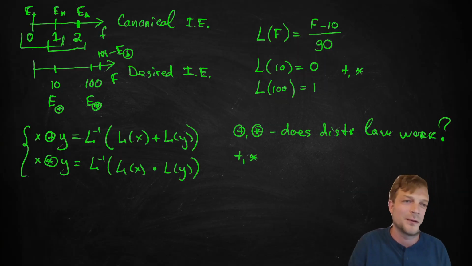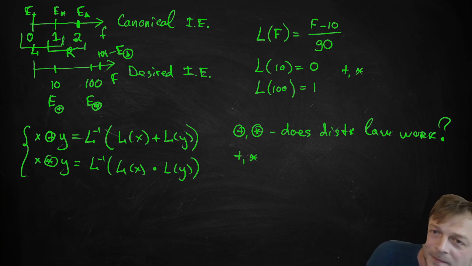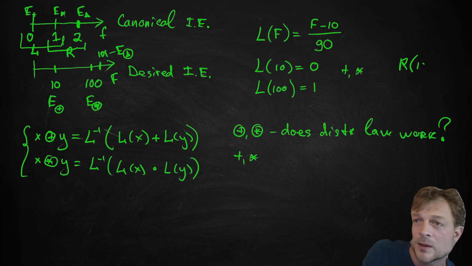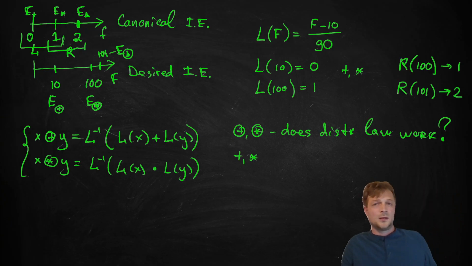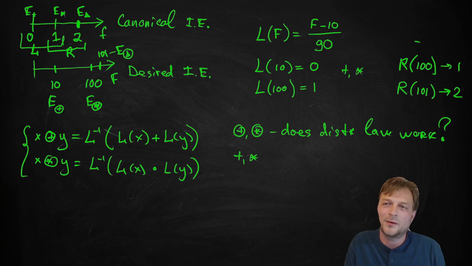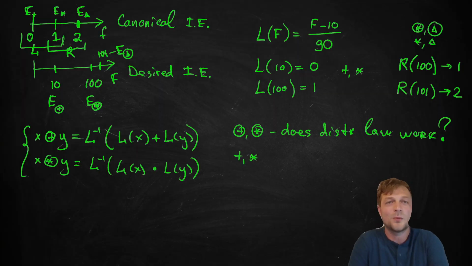For the first one it was L, for this one it will be R, and R will transform 100 to 1, and 101 it will transform to 2. We can build this, and the distributive law will work for the pair multiply-triangle. But now we have an inconsistency.